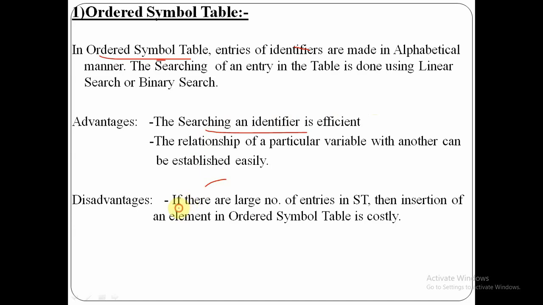Drawbacks are, if there are a number of entries in the symbol table, then insertion of an element in ordered symbol table is costly. That means before inserting any item into the table, we should find the proper location where it is going to be inserted, so that the total list of symbols in the table after insertion is in sorted order as earlier.